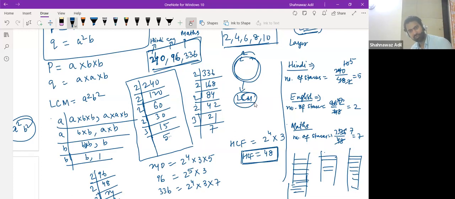Whenever it is a common point, it's usually LCM. So whenever there is a common point, right? Highest common factor, LCM is also there, but whenever they ask you about a common point, then you calculate it.